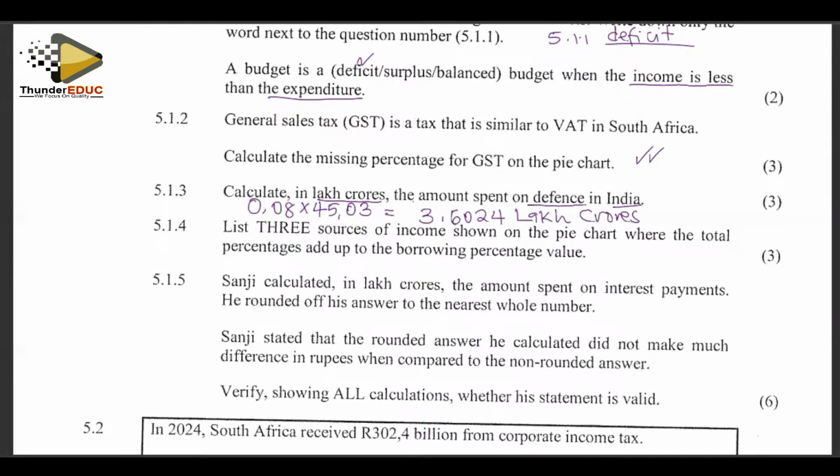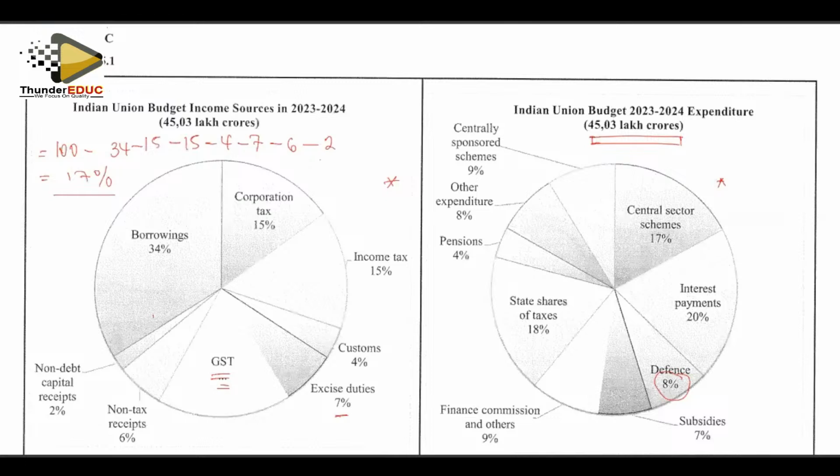Okay, list the sources of income shown on the pie chart where the total percentage adds up to the borrowing percentage value. Three of them, when you add them, you get this borrowing value. So we have 15 plus 15 plus 4, because when you add this, you get 30. So you are supposed to write these items down.